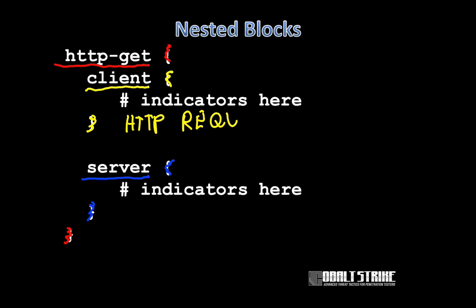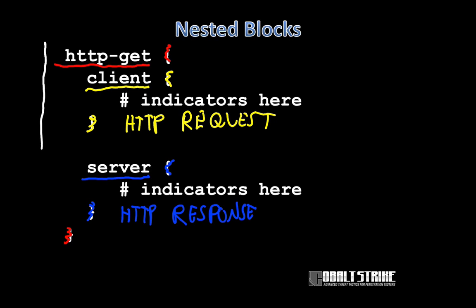It is the client-side aspect, or the client-side indicators of the HTTP request. The server block is the server-side indicators. It is the HTTP response. And it would make sense that we would have a client and server block when defining indicators for an HTTP GET transaction. Similarly, HTTP POST happens to have client and server nested blocks as well.